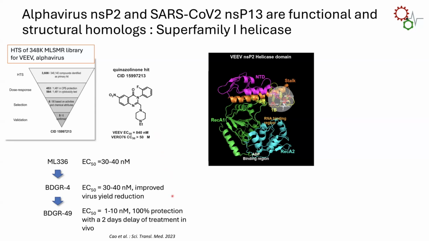At the end, for now, we have less than 1 nanomolar EC50 in live virus. Also in vivo, we showed 100% protection, even with delayed treatment. It gives us good confidence that these types of approaches work.